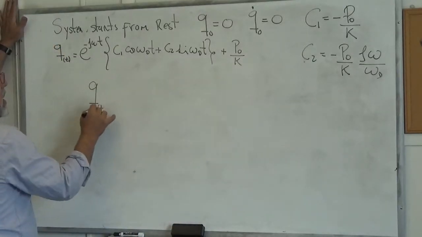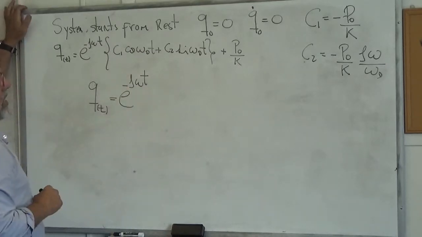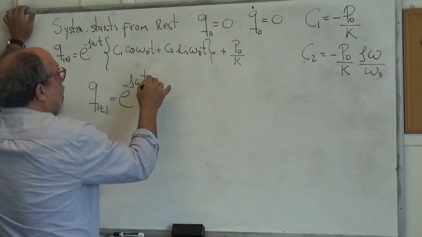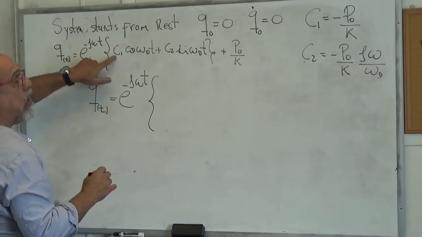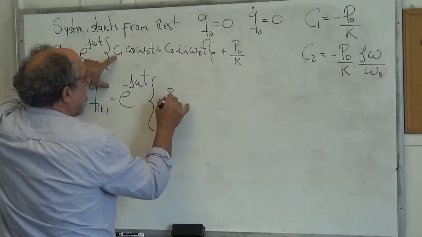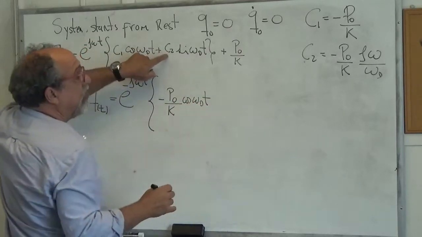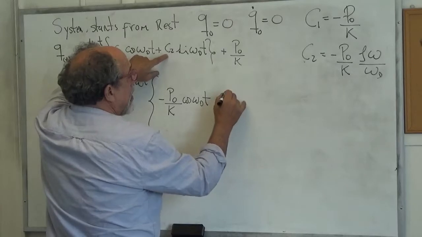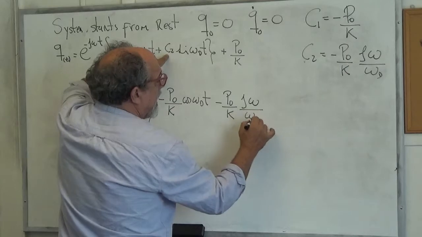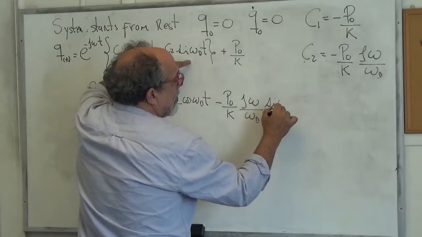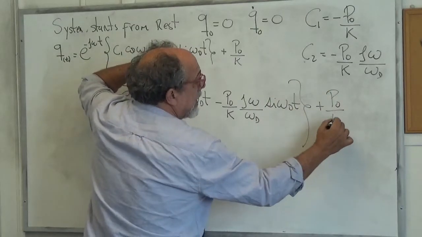So we have Q of t equals e to the minus the fraction of critical damping times omega t. Open this bracket. C1 is minus P0 over K cosine of omega damped t. C2 is minus P0 over K times the damping ratio times omega over omega damped times the sine of omega damped t. Close this thing plus P0 over K.